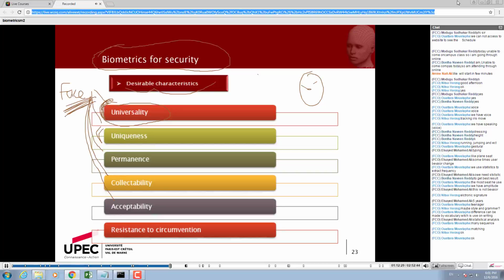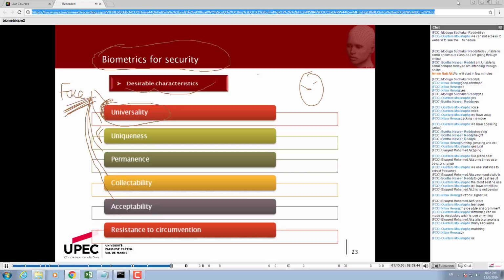But in general, all people have a face, all people have fingerprints, iris, ears, and something like this. That's why we can say, okay, this modality is universal, and this is the first condition. When you want to use a biometric modality, you have to answer this question: is it universal or not?